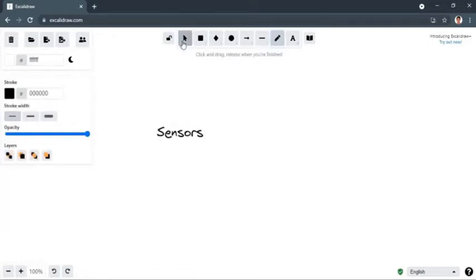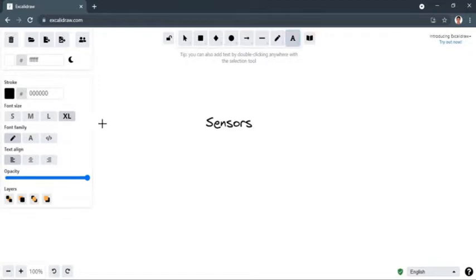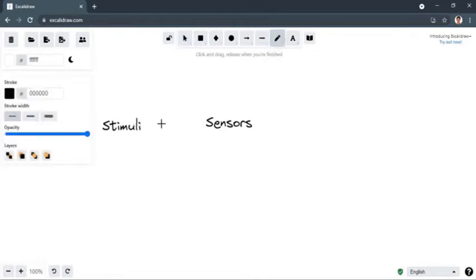Okay. So when a sensor is activated by a stimulus, whatever sensor it may be, a sensor usually gives an output of maybe an AC output or maybe a DC output, but usually the size of this depends on the type of sensor.